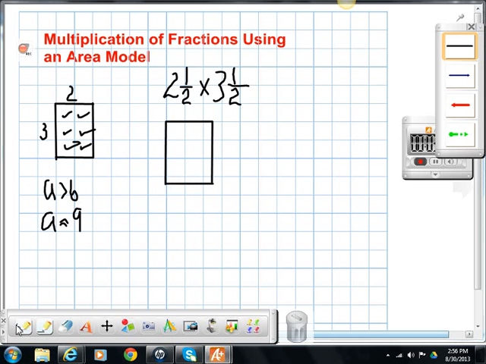So let's see what it might be. Here's 1, here's 2, here's 3, here's 4, here's 5, here's 6. Here's 2 put together.